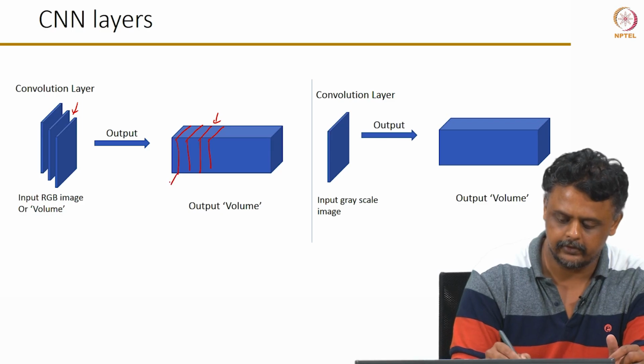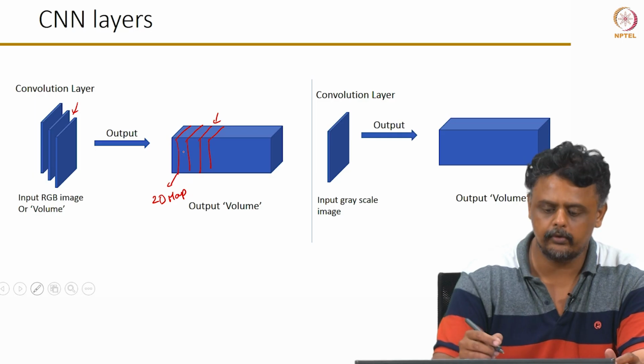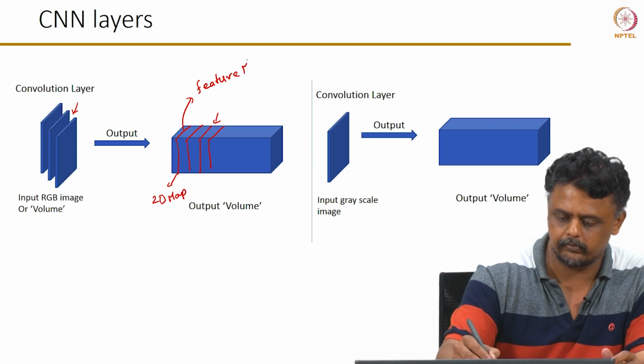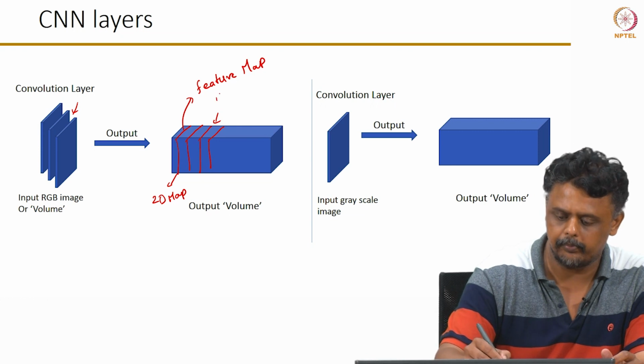Each of these 2D outputs is often referred to as a feature map, or an activation map.